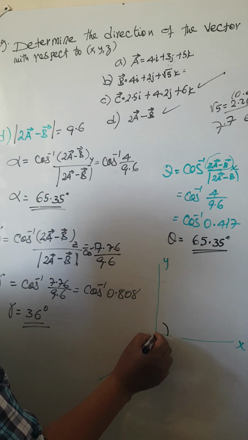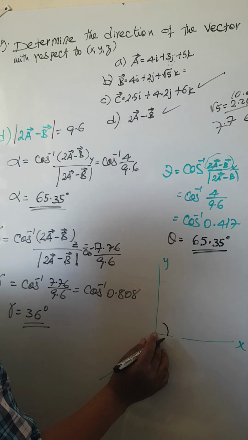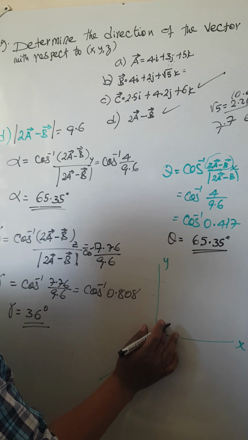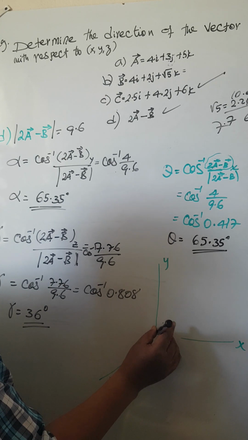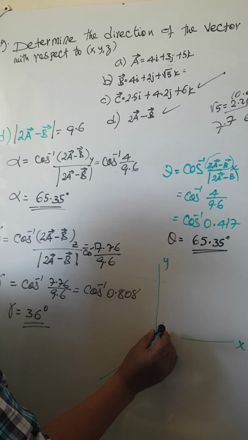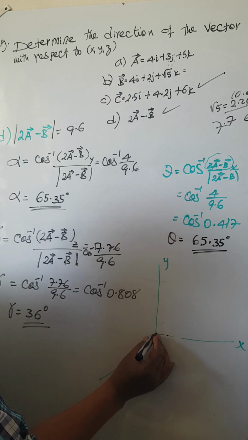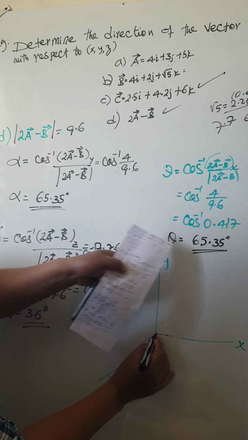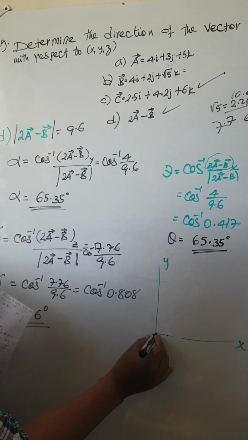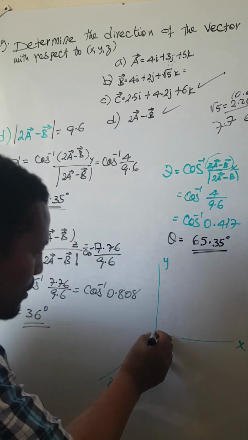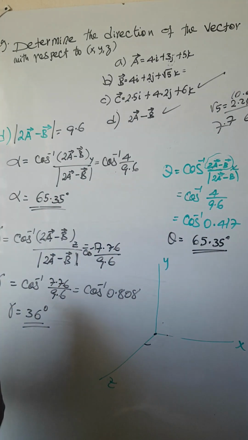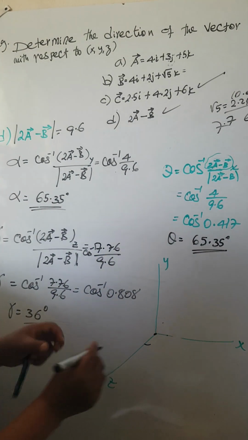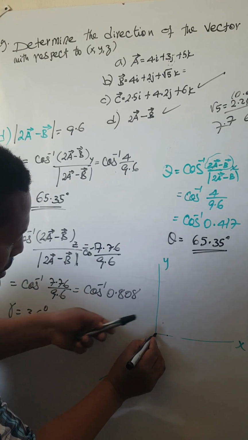It's hard to draw, but the vector is closer to z because it's making a smaller angle, and equally far from the y and x axes. This is a possible vector.